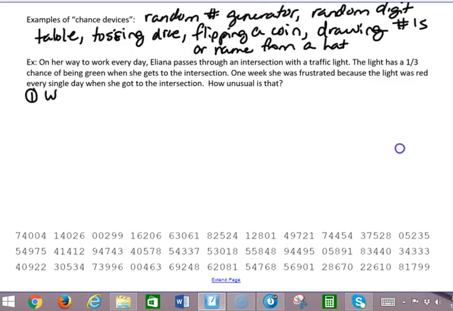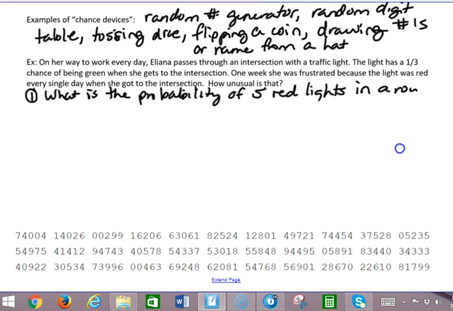So we want to know what is the probability of 5 red lights in a row. Now, our given information here is that the probability of getting a green light is 1/3, so that means the probability of a red light is 2/3.